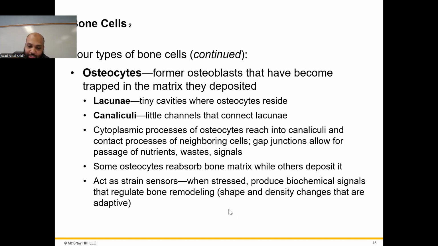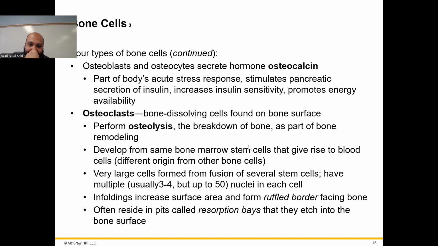Some osteocytes reabsorb bone matrix while others deposit it. They act as a strain sensor. When stressed, they produce biochemical signals that regulate bone remodeling.